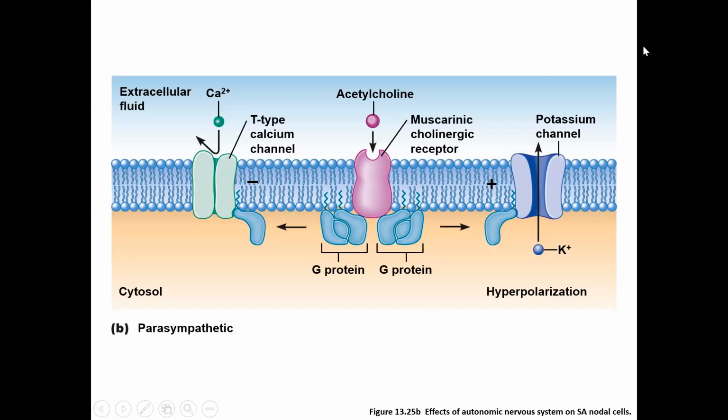Those are the same general actions, and that will make it really hard to depolarize this cell or really hard to fire an action potential. And so we're going to significantly slow down the heart rate as a result of this event. And all of that starts with acetylcholine binding to this muscarinic cholinergic receptor. And so we know these are the events that take place at the neuroeffector junction on the parasympathetic side.